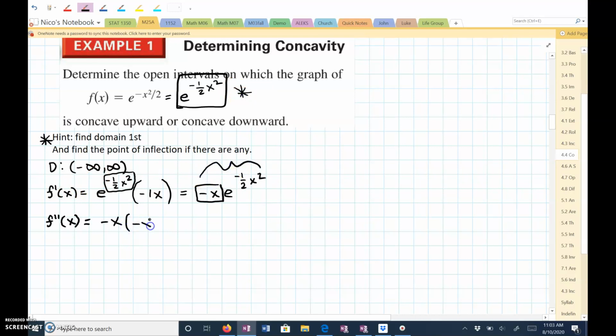So this is going to be negative x e to the negative 1/2 x squared plus, so the first times the derivative of the second, plus the second times the derivative of the first, which would be negative 1.